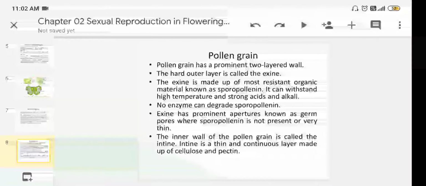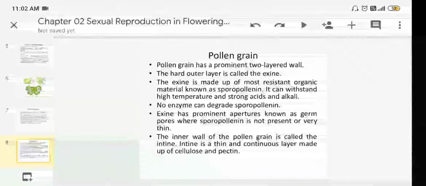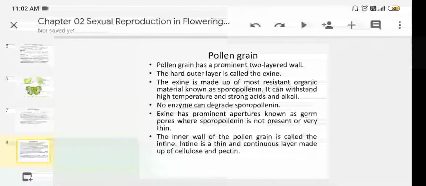Now the pollen grain. Pollen grain has a prominent 2-layered wall. The hard outer layer is called the exine. The exine is made up of one of the most resistant organic materials known as sporopollenin. So this sporopollenin is one of the most resistant organic materials.